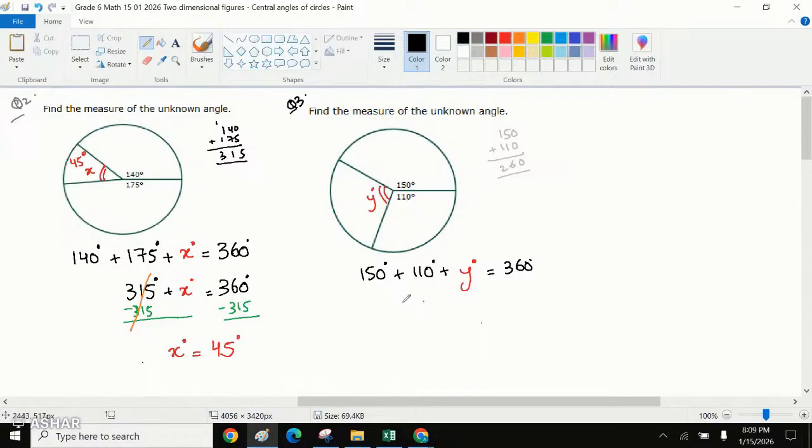So in place of this, we can write 260 plus y should be equal to 360. Do we agree? 260 was added on this side. When we take 260 to the other side, it will be subtracted. And we will be left with y comes out to be 100 degrees, right?